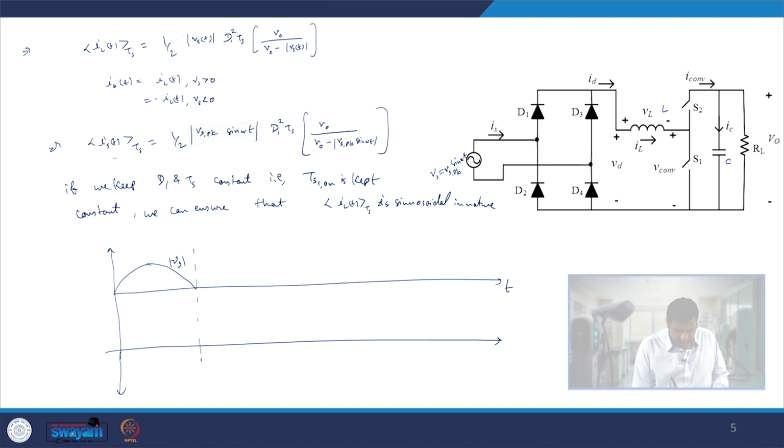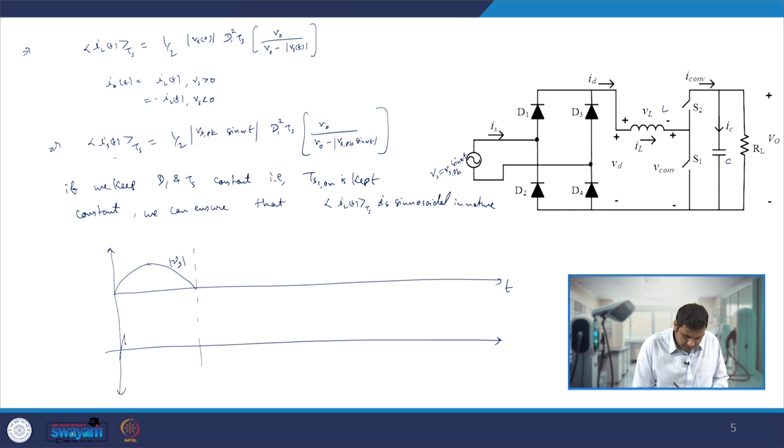The current variation will have positive coming to 0, then going down, then positive coming to 0, and so on, like this.